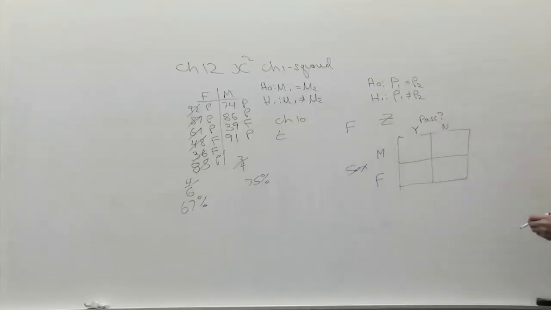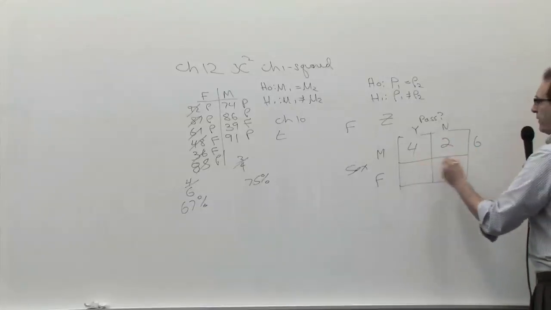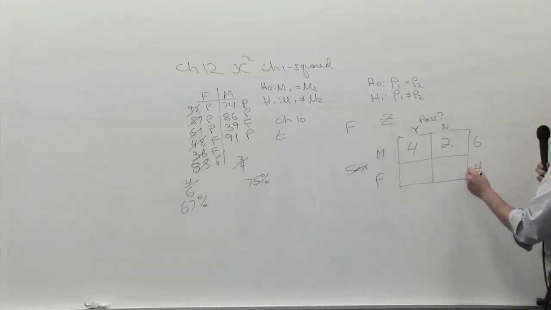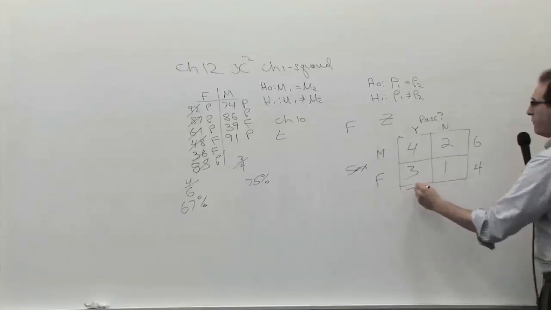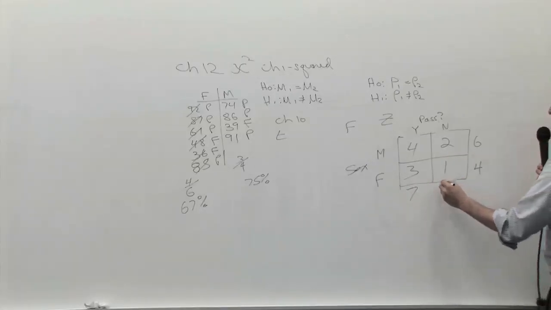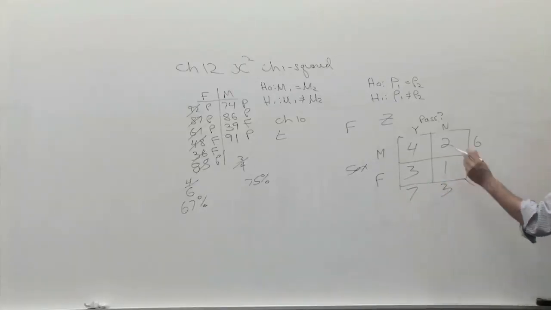Yes or no. And it turns out there were how many males? There were 6 males, of whom 4 passed, 2 failed. The females, there were 4 females, 3 of whom passed and 1 failed, which means there were 7 people who passed in general. There were 3 people who failed in general, irrespective of the sex, and 10 people who were sampled in general.